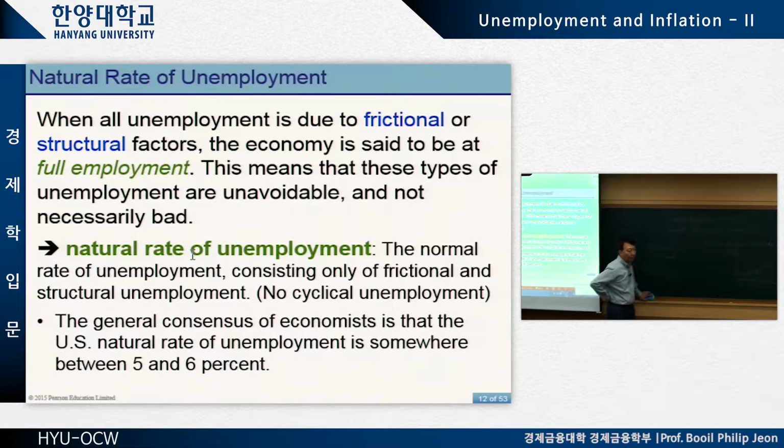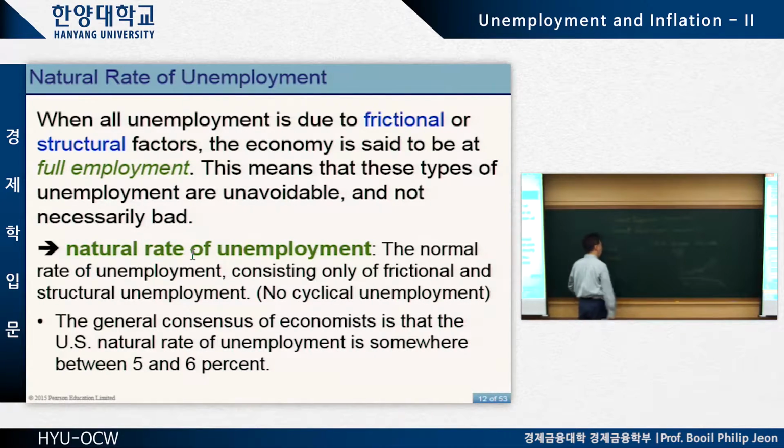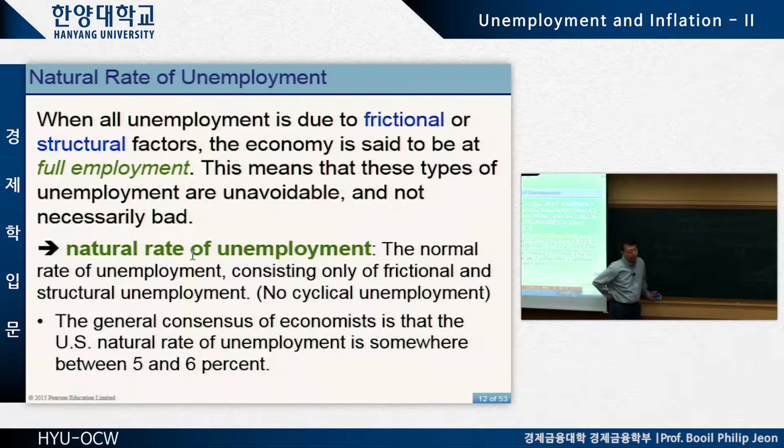There are some estimates, it's just an estimate, but in normal times, they think there's 1 to 3% frictional unemployment. In other words, up to 1 to 3% of the labor force is frictionally unemployed.